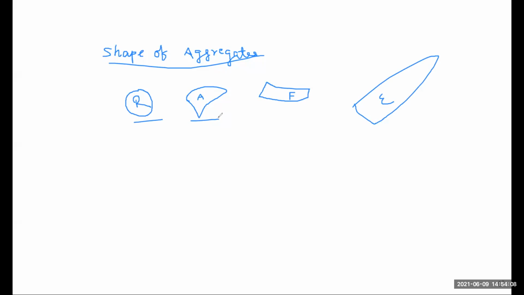Also for finding angularity or roundness of aggregate, we identify a number which is known as angularity number. So basically angularity and roundness of aggregate is measured in terms of a parameter. I already discussed in the last class that the parameter is your angularity number.